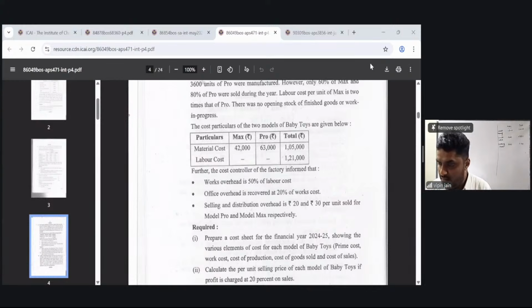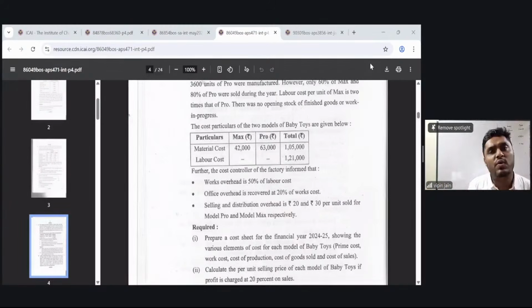Waiting only. What will be the labor cost, guys? A very simple question and free marks in max. This question, 7 marks you can score in at the most 5 minutes.